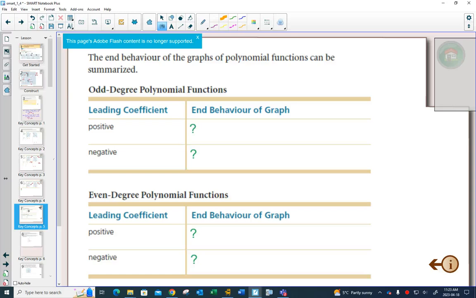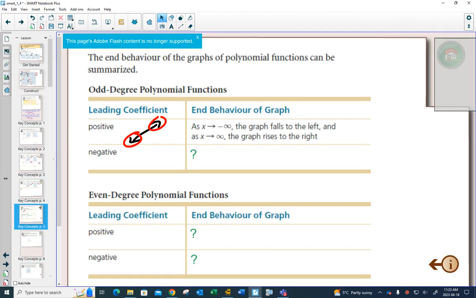easier to remember. Our definition for end behavior is just based on lines and parabolas. So if you have an odd number and it's positive, you would draw a line with a positive slope, and there's your end behavior. I think that that is a lot easier to remember than this. As x goes to negative infinity, the graph falls to the left, and as x goes to infinity, the graph rises to the right.